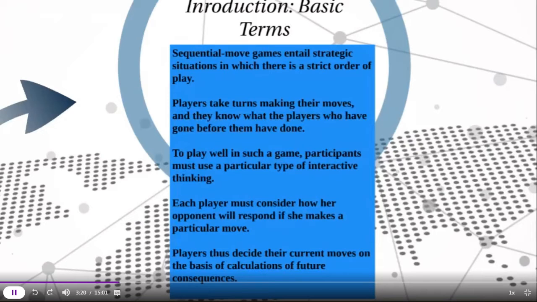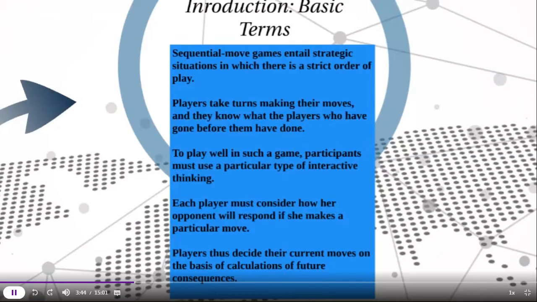But here, that's the sequential part of these kinds of games. They can first see the moves of the other players, what they have done, and then they'll think and make their moves. To play well in such a game, participants must use a particular type of iterative thinking. Now, what is this particular type of iterative thinking? That we are going to discuss in the consecutive slides.